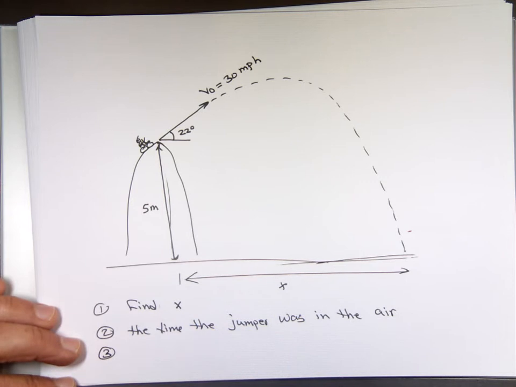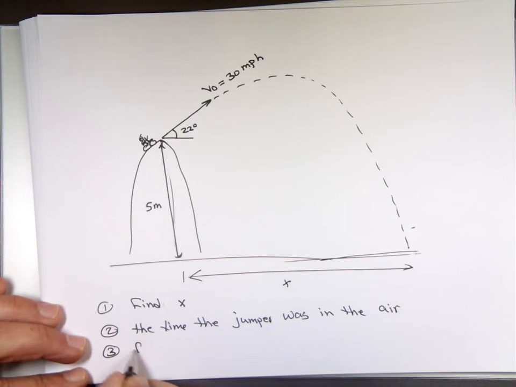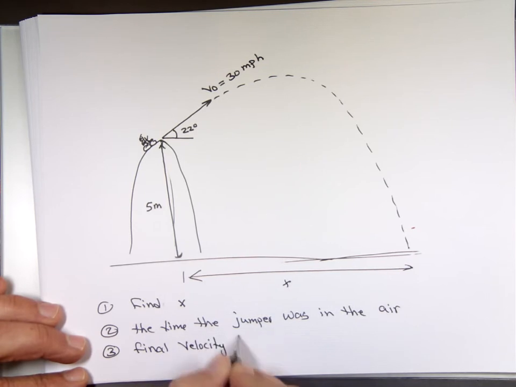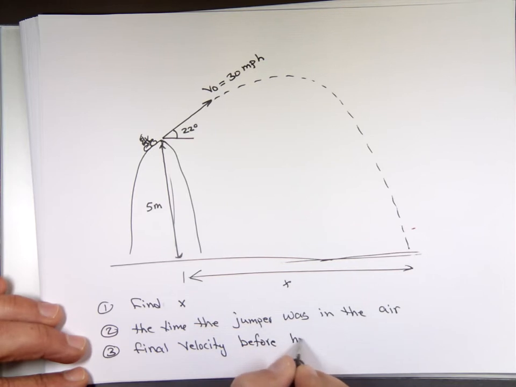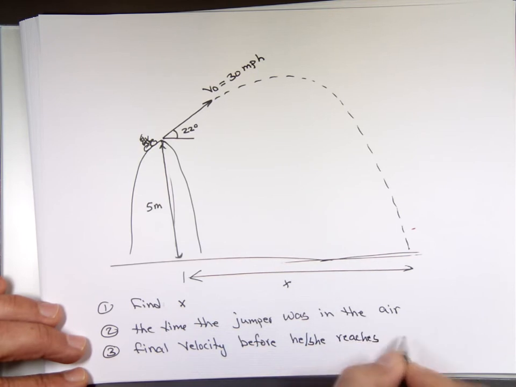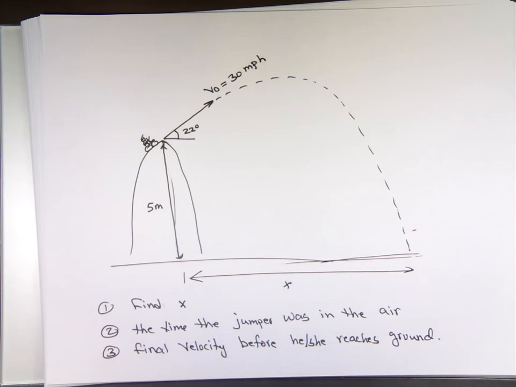Final velocity before they hit the ground. These are the 3 questions. The velocity before he or she reaches the ground.